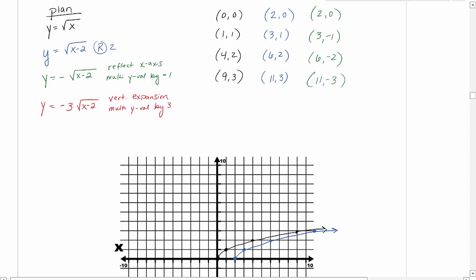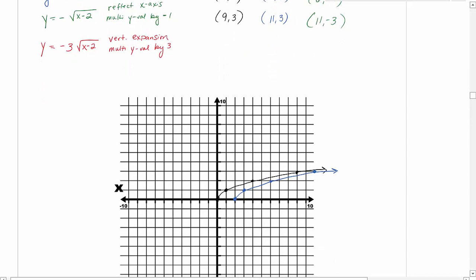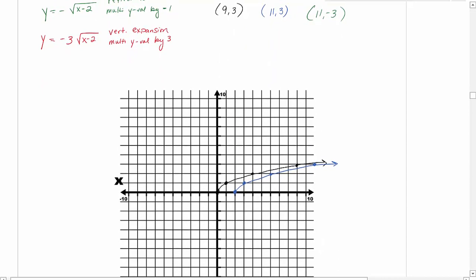Visually, we should see everything that was above the x-axis become below, and anything that was below should now flip above the x-axis. We'll plot our points. And there we have our third graph.